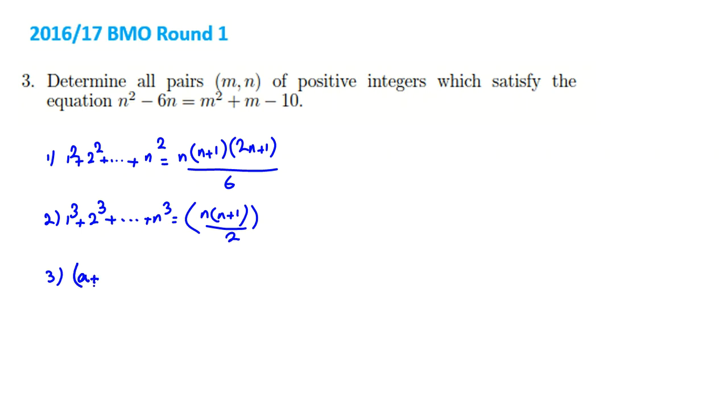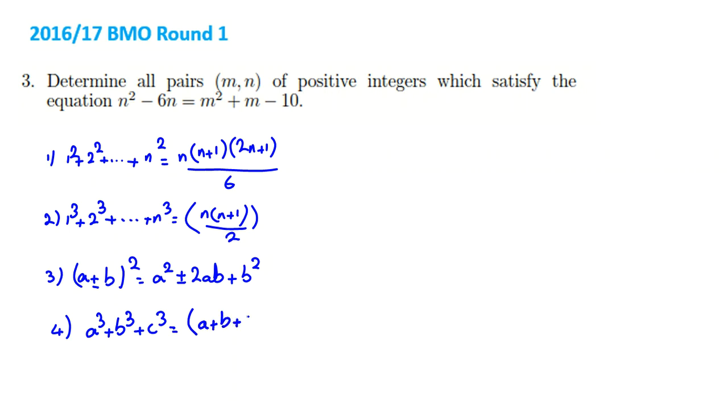Next one, for example, a plus minus b whole squared is a squared plus minus 2ab plus b squared. The fourth idea is the identity, let me write it like this: a cubed plus b cubed plus c cubed minus 3abc equals a plus b plus c times a squared plus b squared plus c squared minus ab minus ac minus bc.